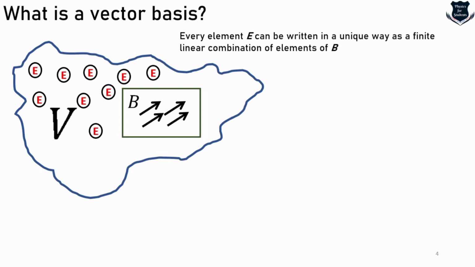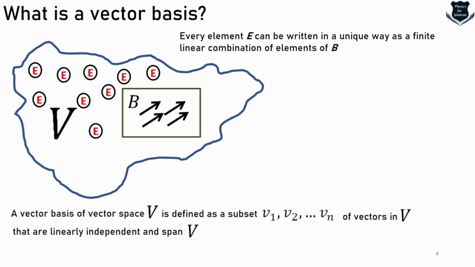So here I have written every element can be written in a unique way as a finite linear combination of elements in B. A basis of a vector space V is defined as a subset v1, v2, up to vn of vectors in V that are linearly independent and span the vector space.